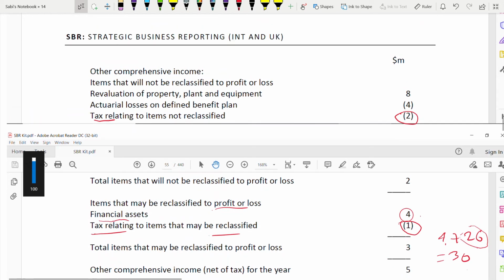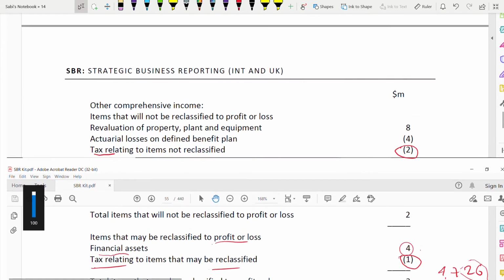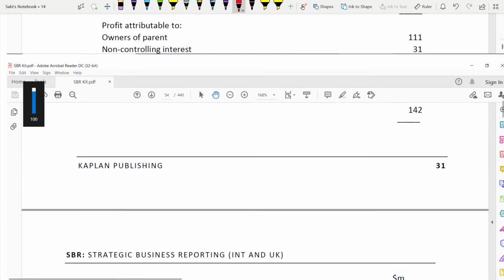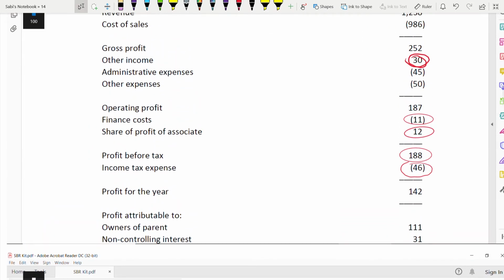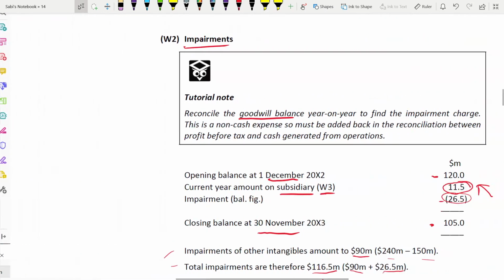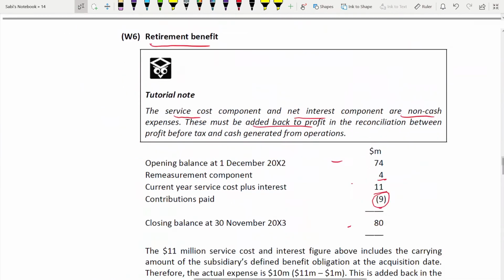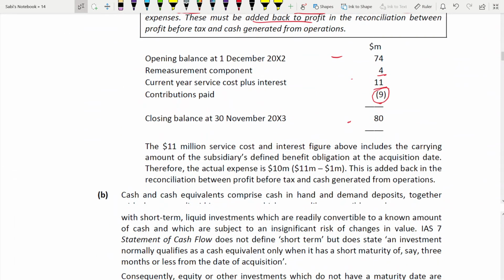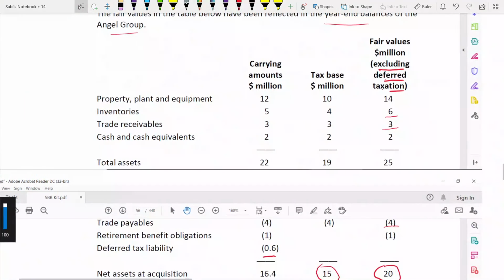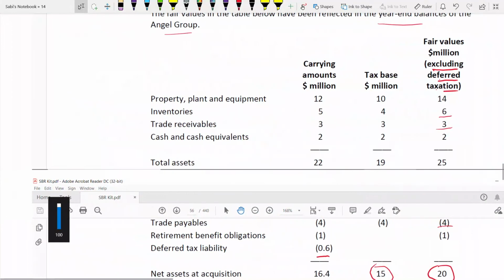So here, if you see, actuarial losses on defined benefit plan, this 4 you are taking. Then what is the other part you are taking? Remeasurement component 4, current service cost plus interest. Current service cost is 11. We have to read for that in the other information.